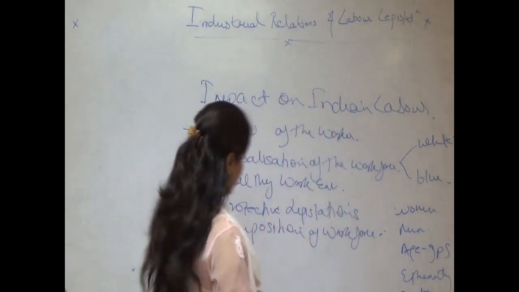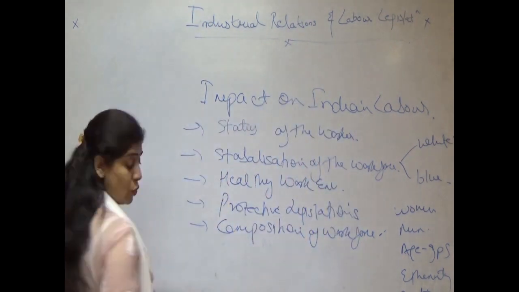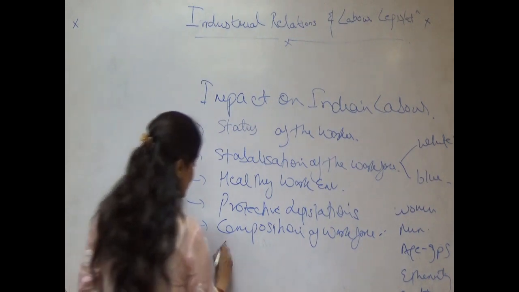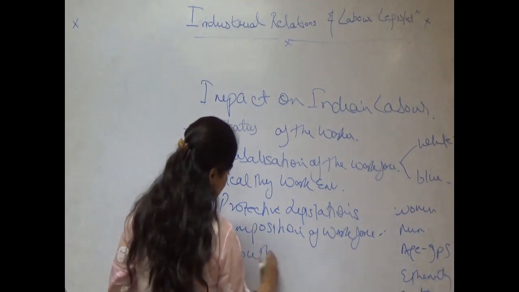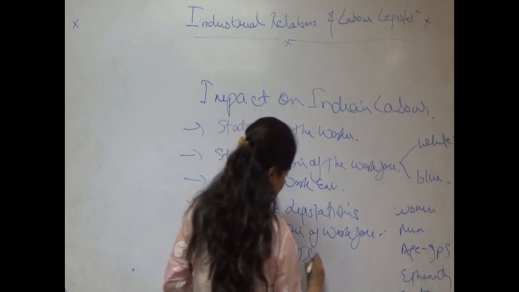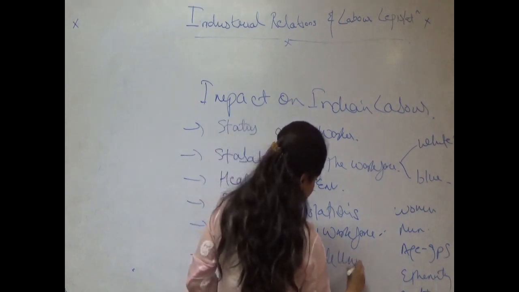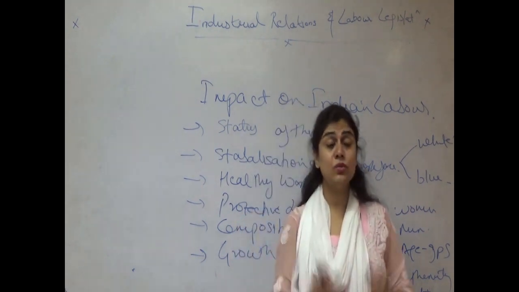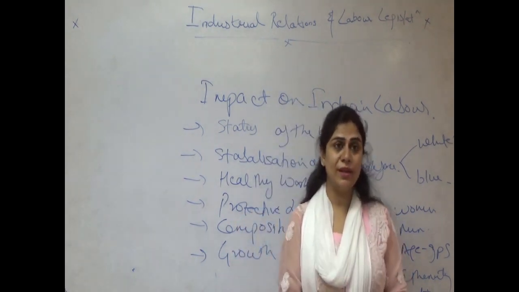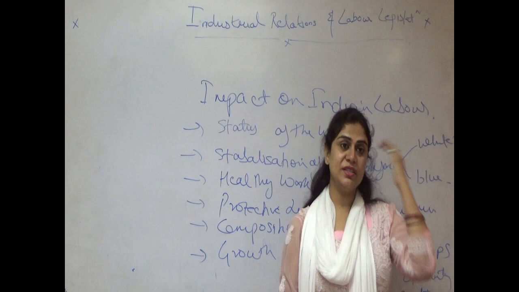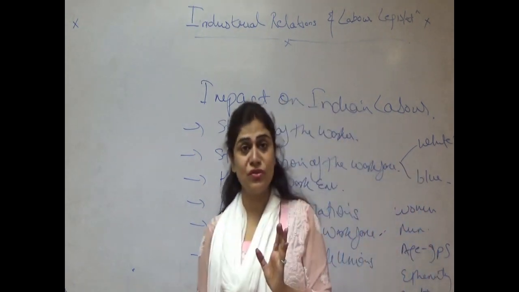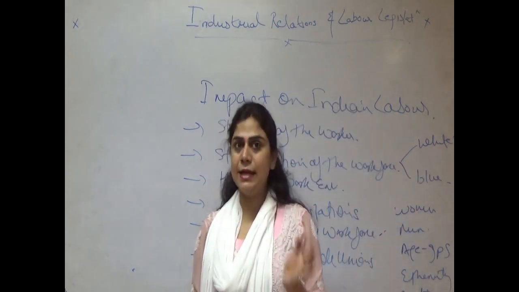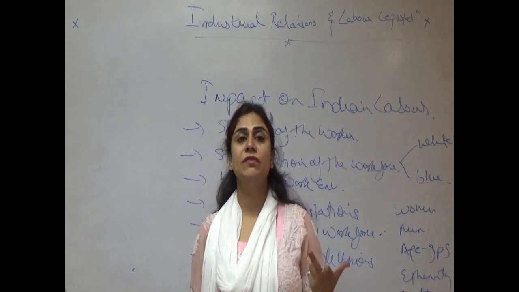Moving on, with this there was also the growth of trade unionism. Trade unions were bodies constituted with the help of seven members. The seven members constitute the trade union to work for the welfare, security and benefits of the workers.